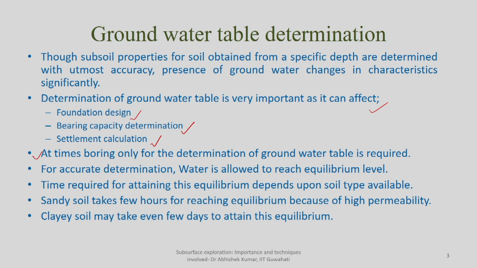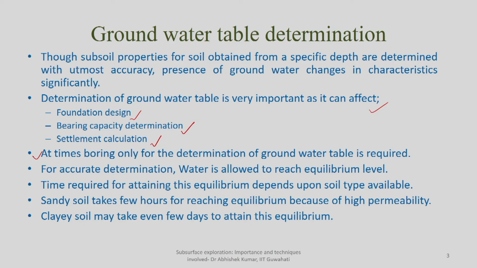That is why groundwater table determination is only reported once the water reaches equilibrium and there is no fluctuation. The time required to attain this equilibrium depends upon what kind of soil is available at the level where the groundwater table exists. If sandy soil is there, we know the permeability of sandy soil is significantly higher.